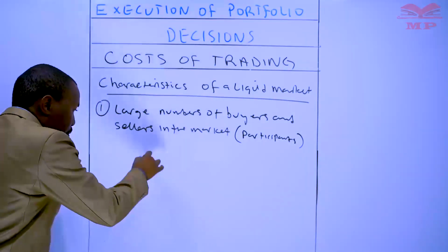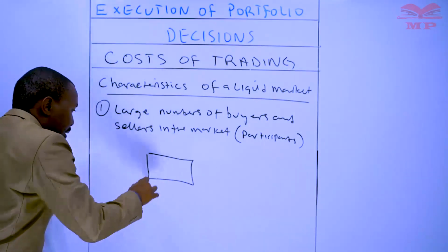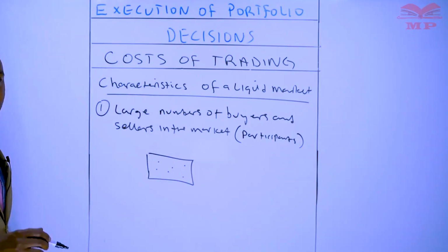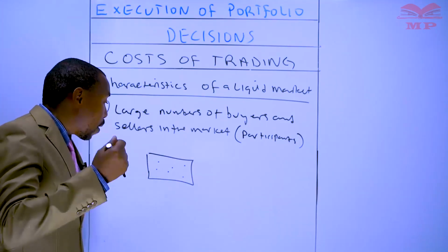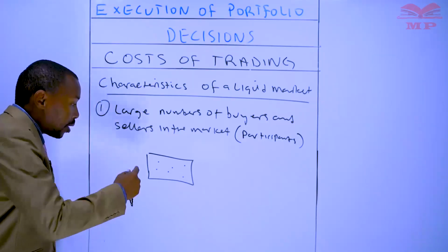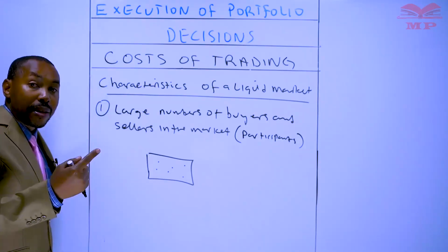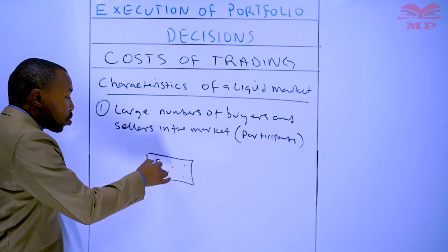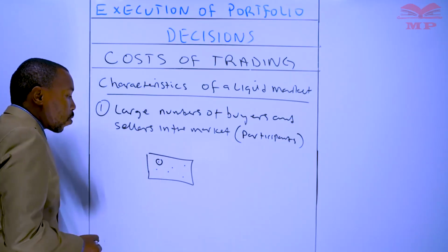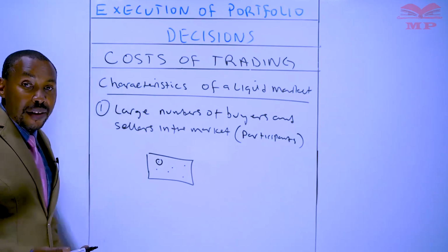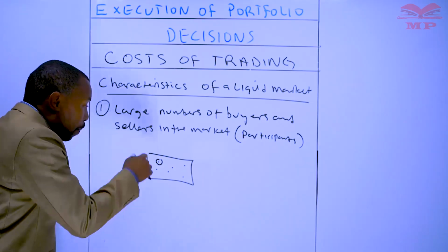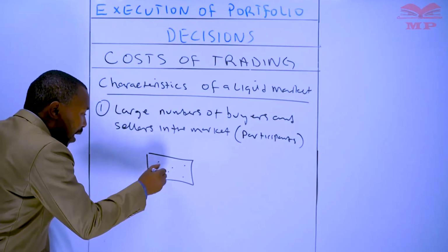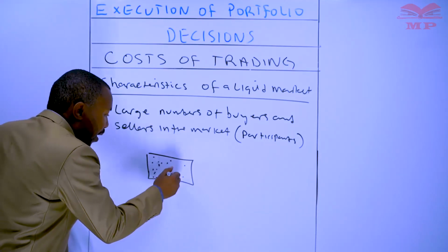Compare a scenario like so, when this is the market that is existing, when there are few participants in the market, they have like an authority in terms of controlling the market prices of securities. So they have an influence in saying that this stock over here is going to actually cost them 300 shillings or 500 shillings. But compare that scenario where you have many players, buyers and sellers in the market like that.